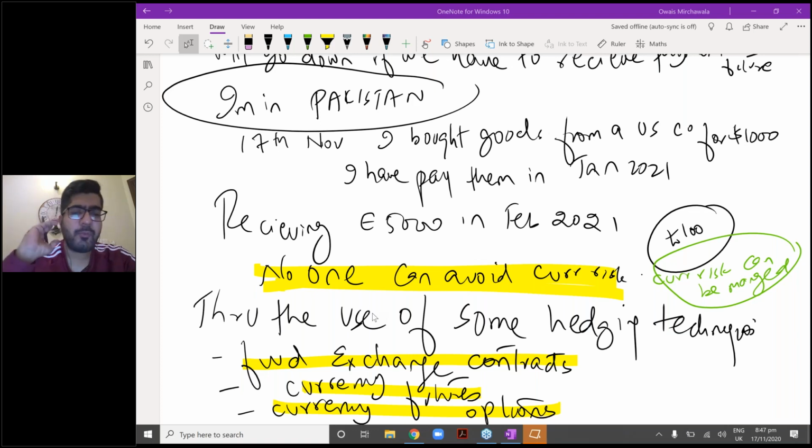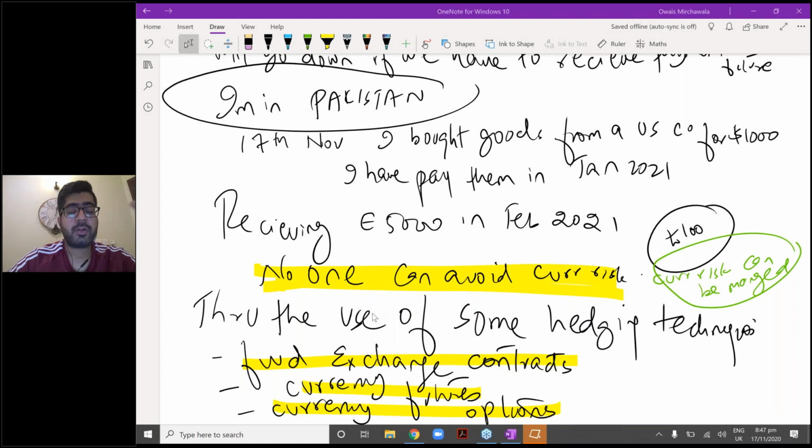Okay. Now, obviously, there are 2 or 3 students that are asking about lead payments or money market hedging or currency swaps. Obviously, I told you initially that there are many hedging techniques. Okay, but if we discuss all hedging techniques, then obviously the whole 5 days would be spent on these hedging techniques.